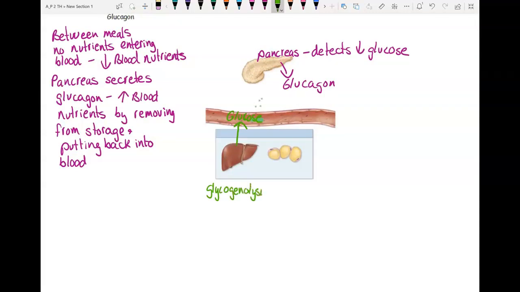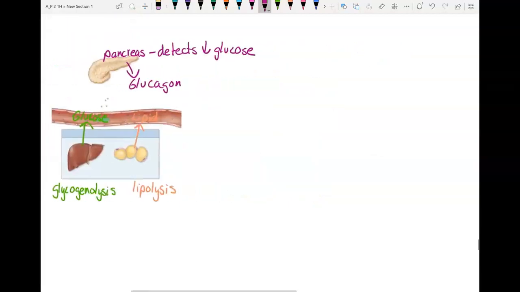Remember, lysis means to break. And from the adipose, we're going to get that lipid back into the blood, your triglycerides. And we do that through lipolysis. So notice that glucagon does not reverse everything insulin did. It only reversed two things insulin did.